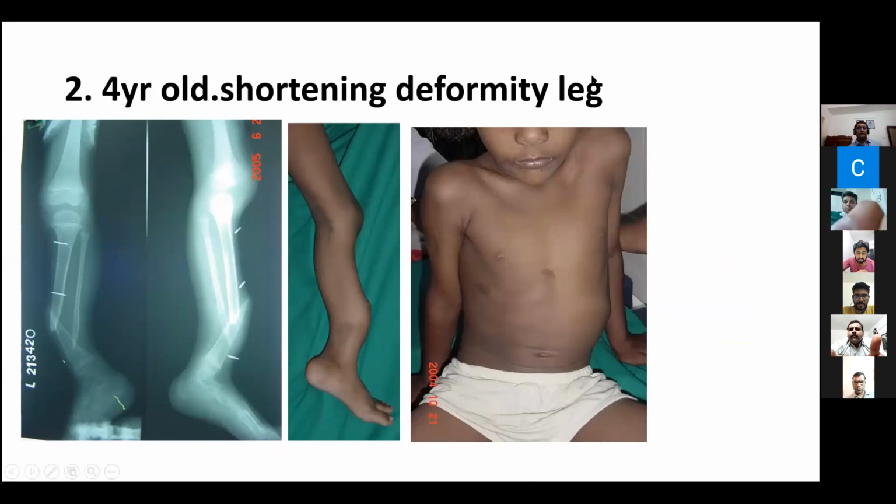This diagnosis is reasonably easy. What all do you see in the picture? A four-year-old with a shortening deformity of the leg. Yes, Sadish.